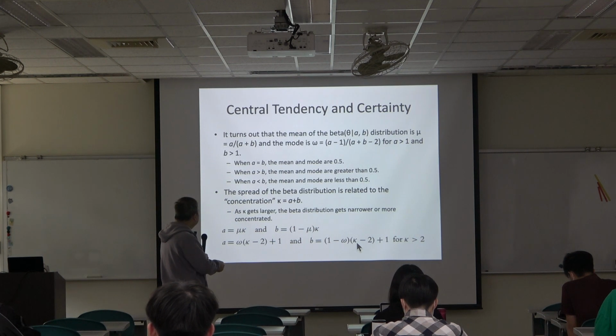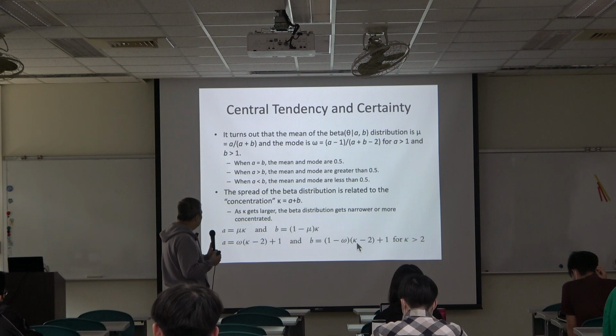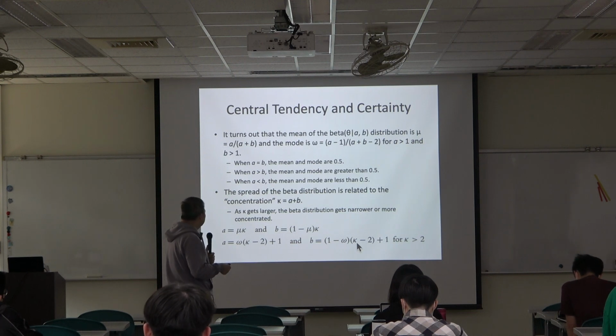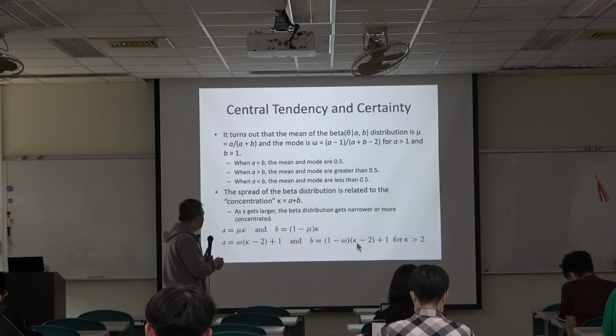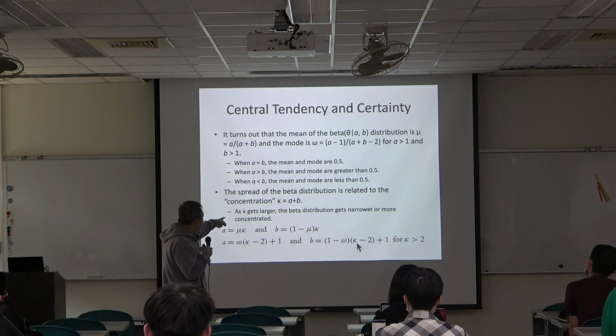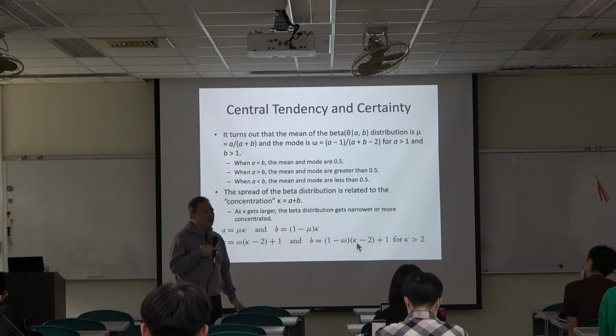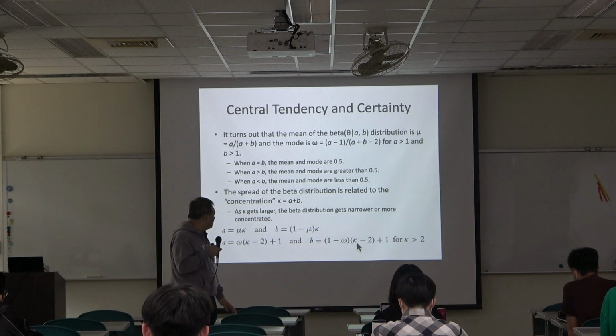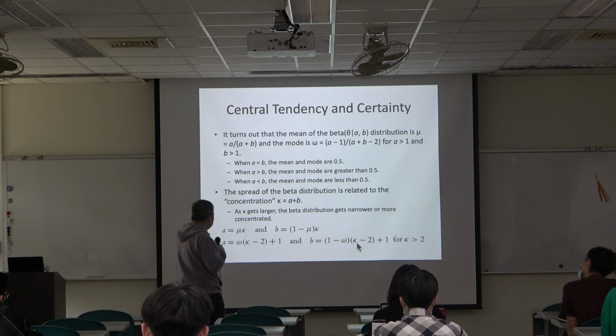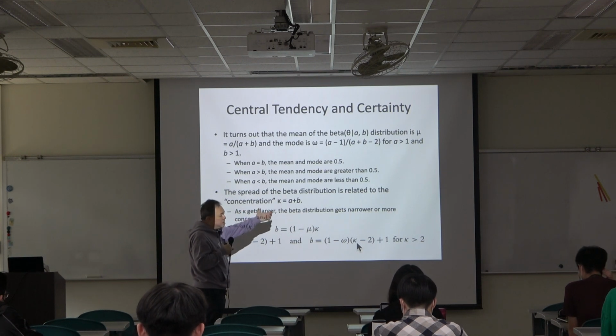The spread of the beta distribution, how certain you are about the central tendency, is related to concentration. We say this concentration is A plus B. We give this value a particular name: kappa. Kappa describes how concentrated your beta distribution is.